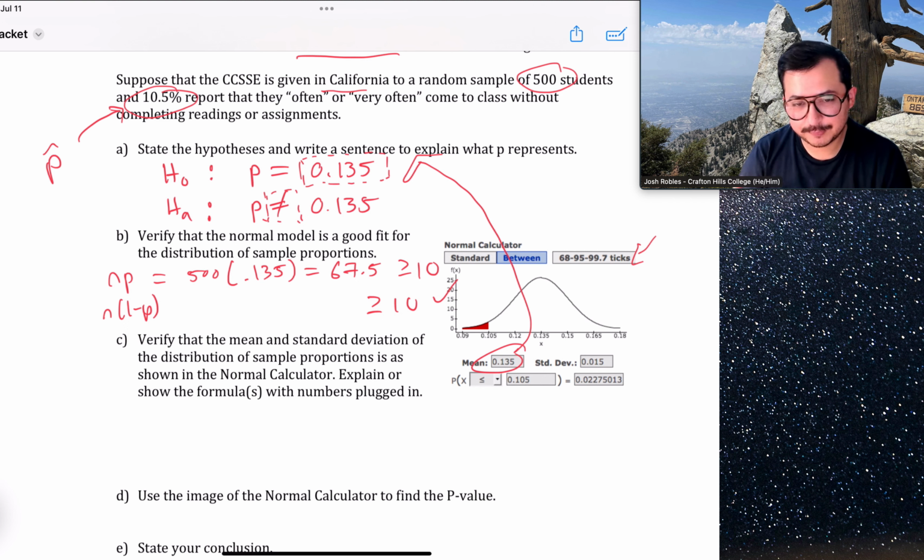And again, that actually comes from the assumptions of the test. We assume the null hypothesis to be true. So this whole problem is assuming that we're sampling from a population that's 13.5%. And then we're going to check what are the chances that we see 10.5% or more. I think that could be very difficult to internalize, so just try your best.